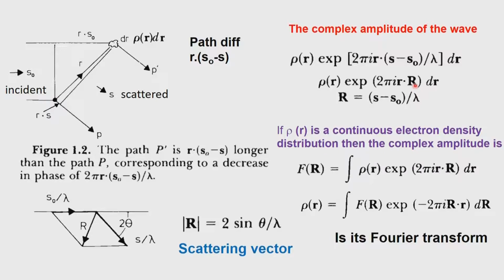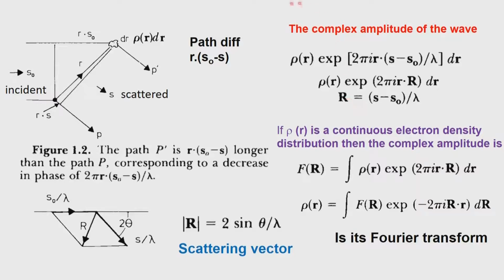This quantity R has dimensions of reciprocal length. Remember this, because we are now going to worry about what possibilities this vector R can take in a situation where we have the scattering occurring inside a crystal. So, this vector R and its properties are what we will worry about as we go along.